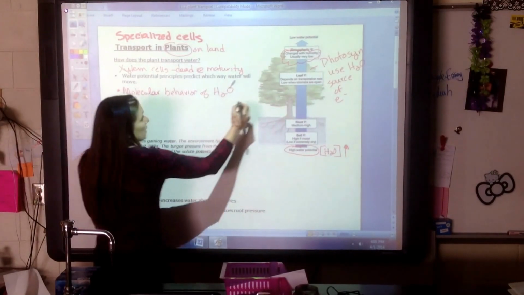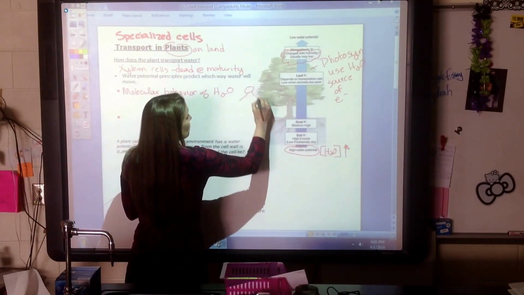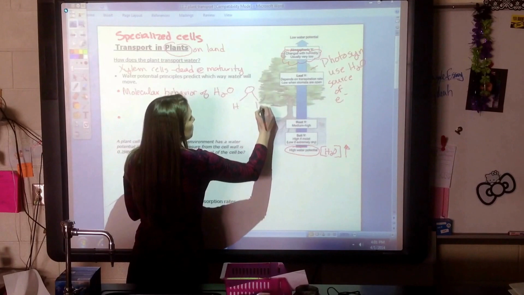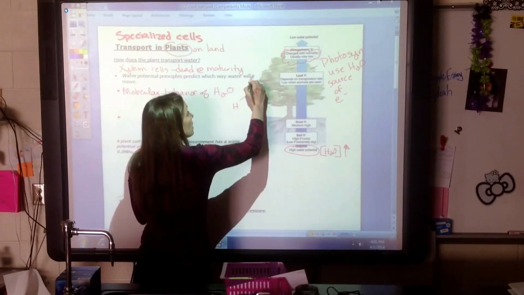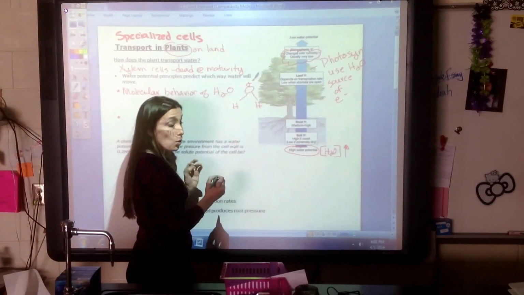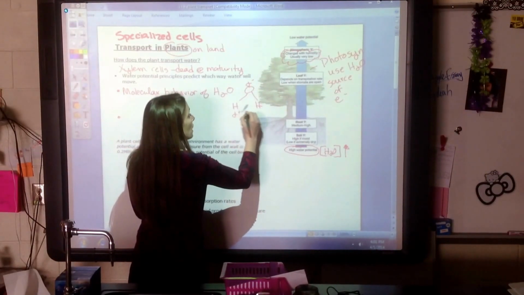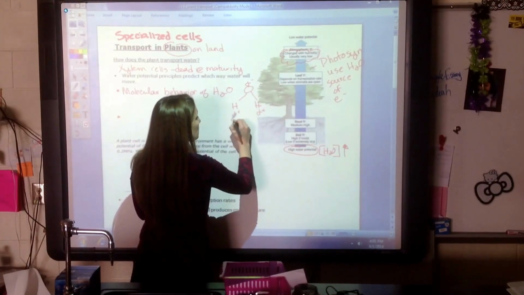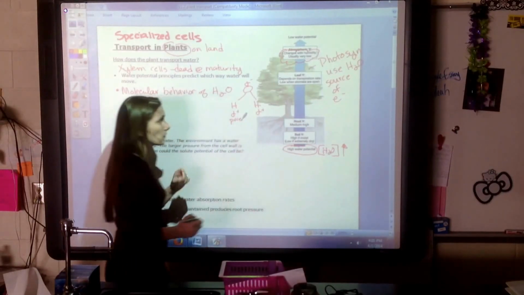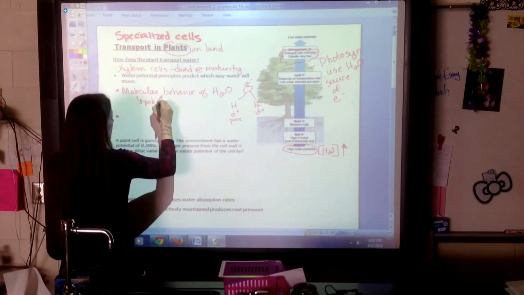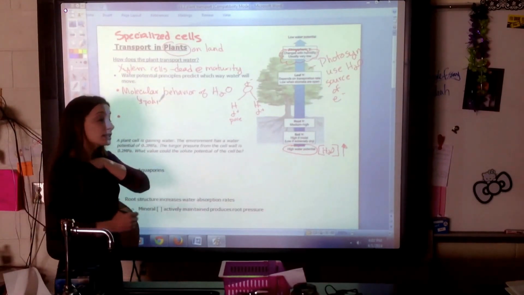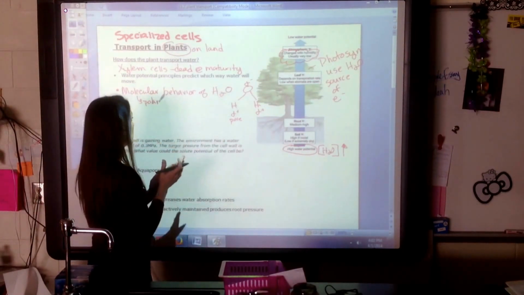If you go back and look at your water molecule with your oxygen and your two hydrogens, remember oxygen is more electronegative. It will have a slight negative pole on the molecule. The hydrogens will have a slight positive pole, and we end up with a polar molecule. This is all because of the electronegativity of oxygen in the water.